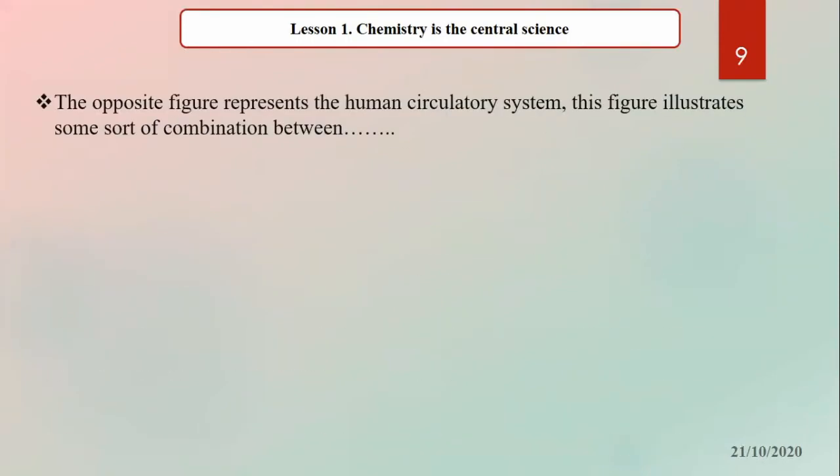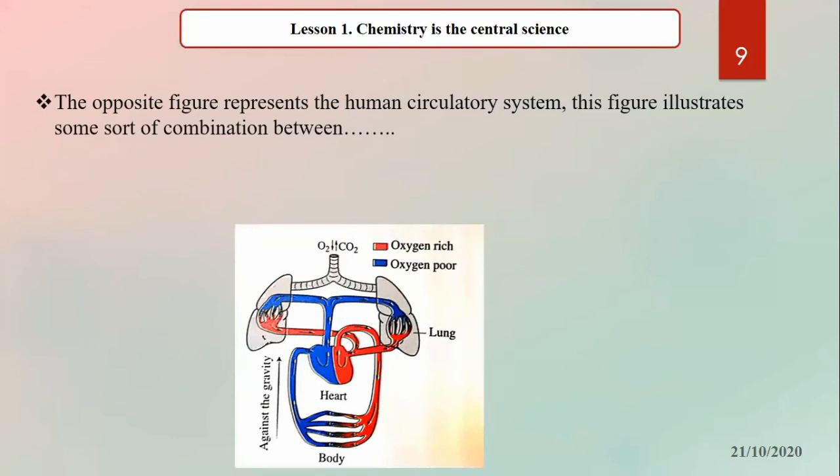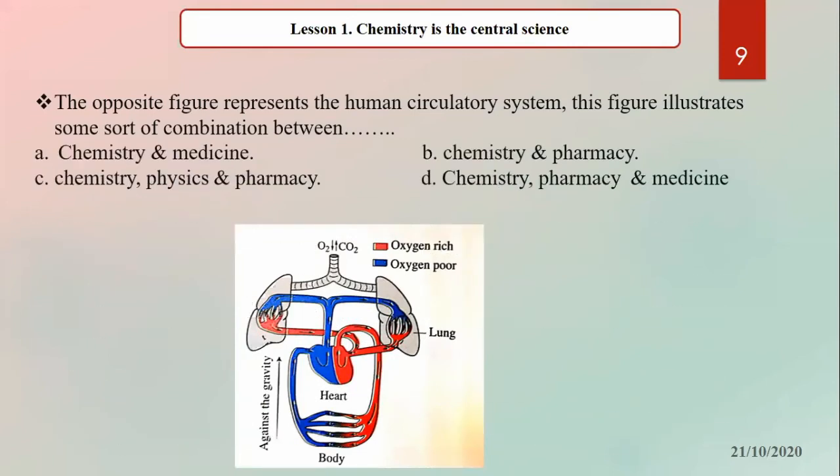Now, our last question. Look at this figure and read the question, okay? The opposite figure represents the human circulatory system. This figure illustrates some sort of combination between chemistry and medicine, chemistry and pharmacy, chemistry, physics and pharmacy, or chemistry, pharmacy, and medicine.